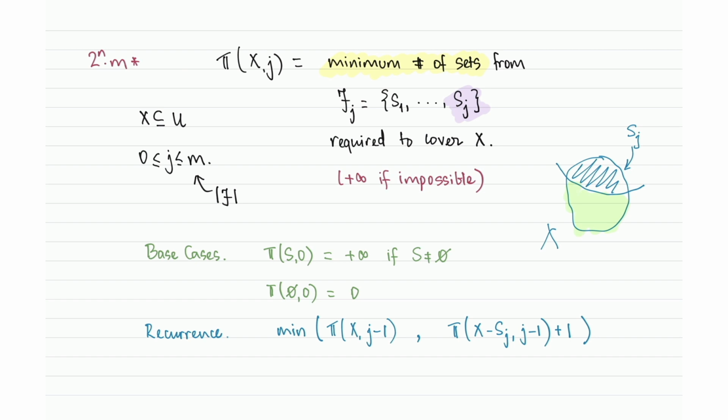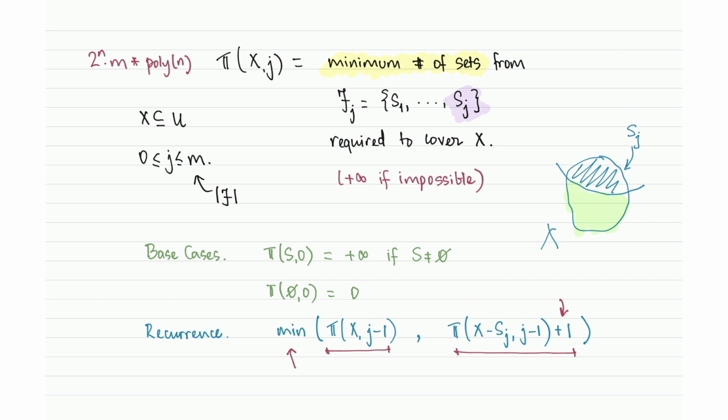So essentially, you have a couple of table lookups, and then you have a couple of operations here. And you also would need some time to compute X minus Sj. So it's a simple table lookup, but you do need to go through X and erase all the elements that belong to Sj. So that's going to be some work. But all of that is really just a polynomial overhead, so I'm going to leave it at that.